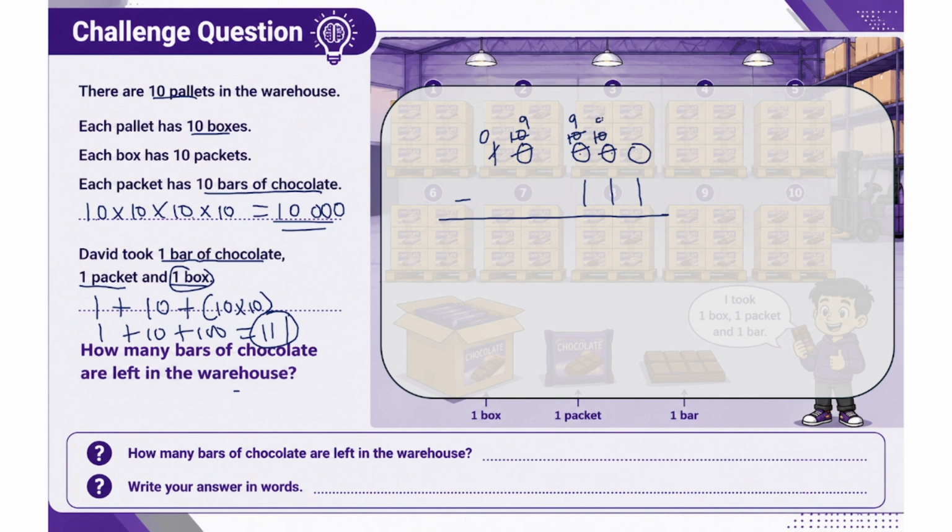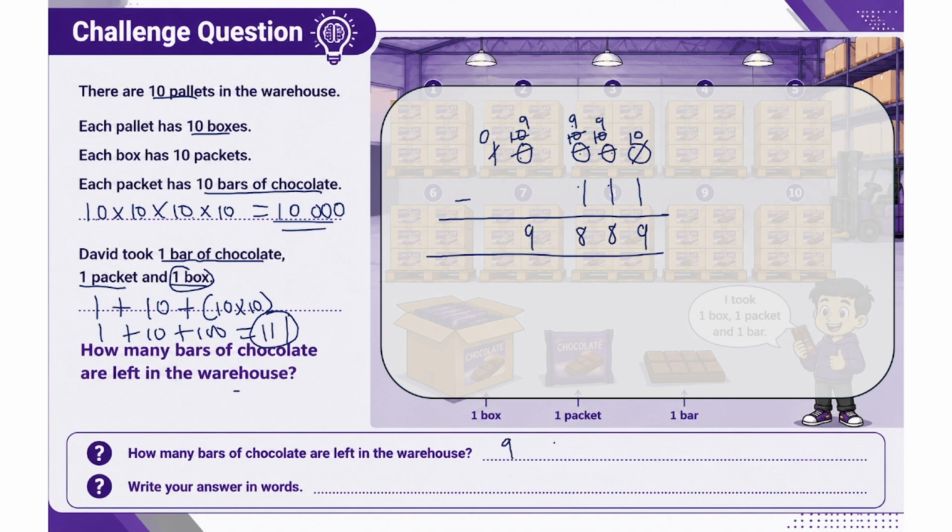We remain with 9 tens. And then now we have 10 ones. Now we can subtract. Ones, we have 10 minus 1, which is 9. Then 9 minus 1, which is 8. 9 minus 1, which is 8. Then 9 minus 0, which is 9. And then 0. So we have 9,889 bars of chocolates.